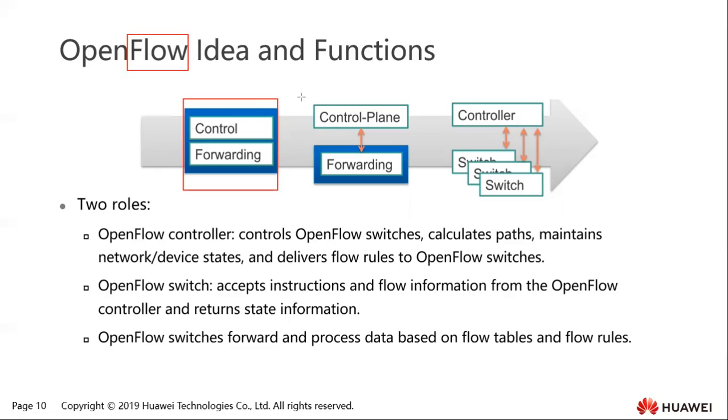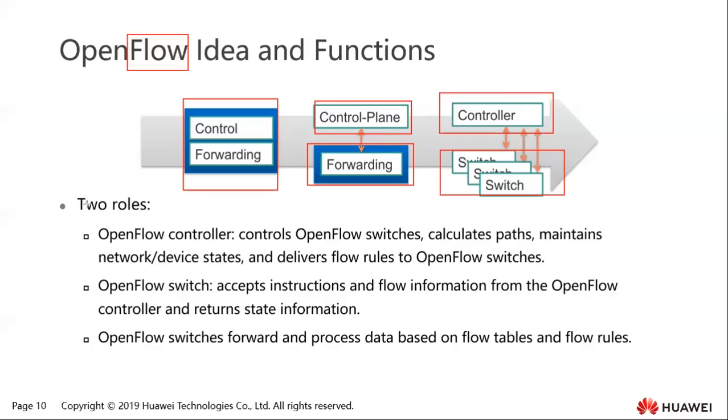But now here, with OpenFlow, we are simply separating the control and the forwarding so that we can centralize the control plane at the controller. Then these are your network equipment like the routers. So OpenFlow really enables this intercommunication between the control plane and the forwarding plane, between the controller and your network equipment.